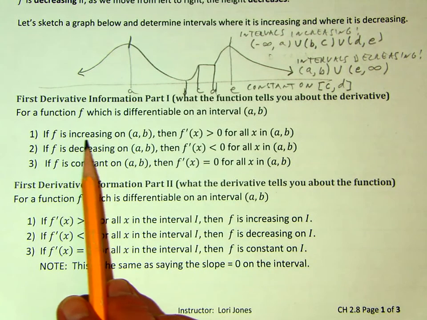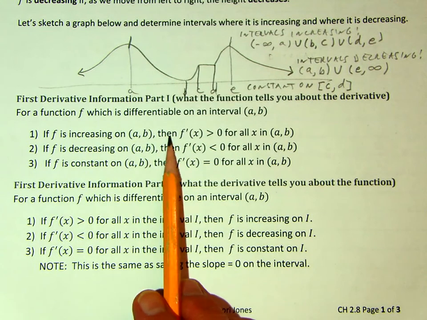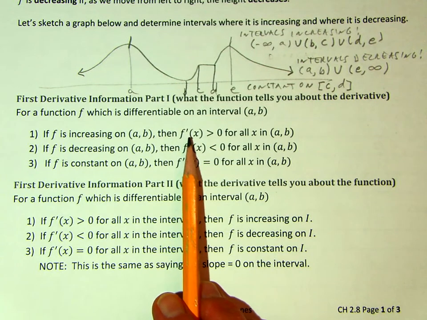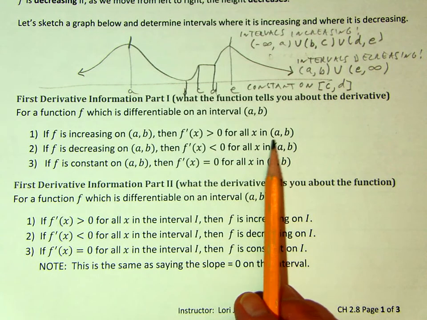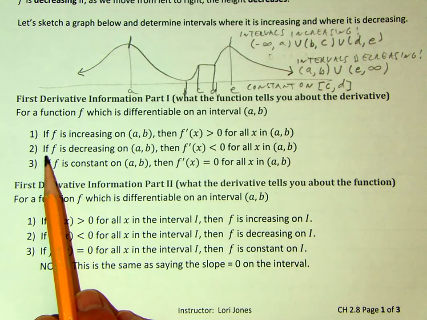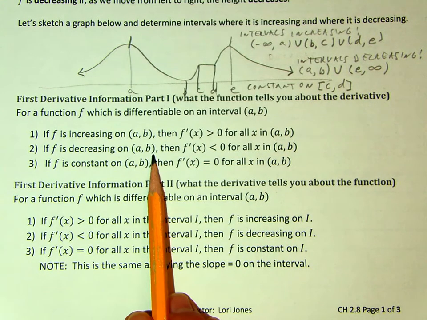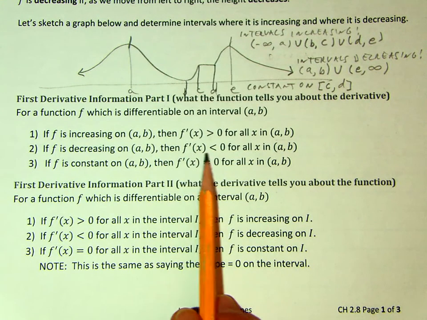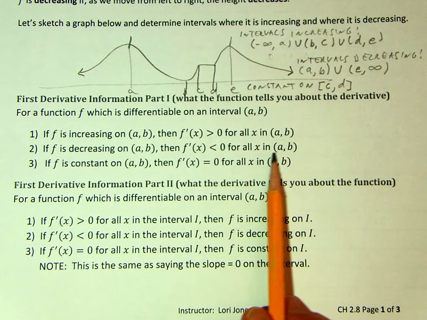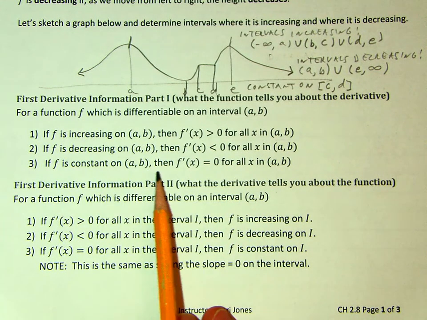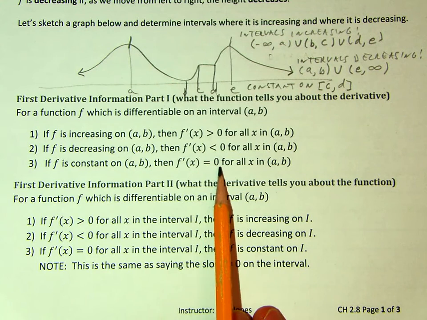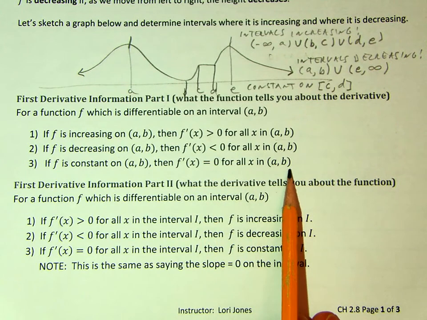If f is increasing on the interval, then the first derivative will be positive for all x's in the interval. If f is decreasing on the interval, then the derivative will be negative for all x in the interval. If f is constant on the interval, then the derivative will be equal to 0 for all x in the interval.